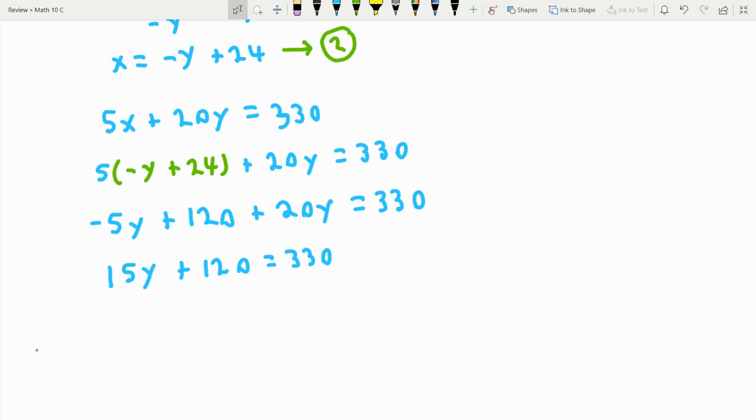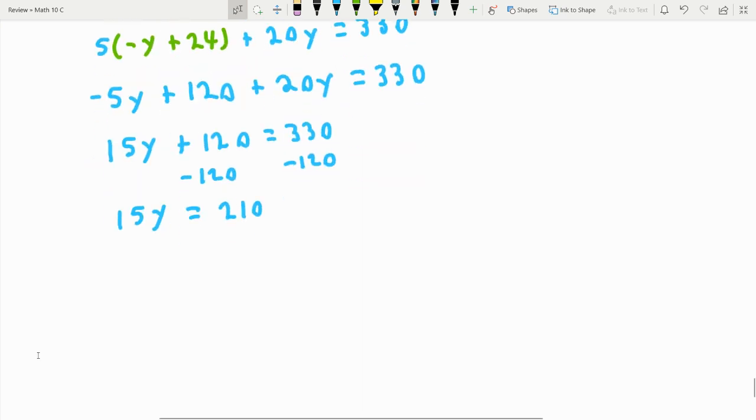Now I want to isolate for y. I want to start by moving 120 to the other side, so I subtract 120 from both sides. I should be left with 15y equals 330 minus 120, which is 210. Now I want to divide every term by 15 so that I can have y by itself.